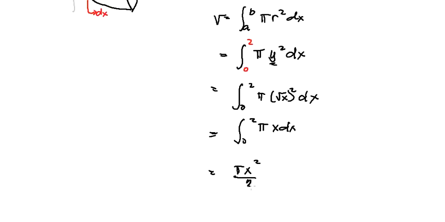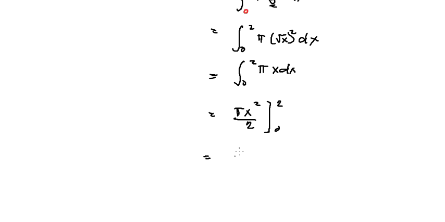Integrating this using the definite integral, we have pi x squared all over 2 from 0 to 2. Using the definite integral, we have pi times 2 squared all over 2 minus 0, because 0 squared times pi all over 2 is just 0. So we have pi times 4 all over 2, or just 2 pi.